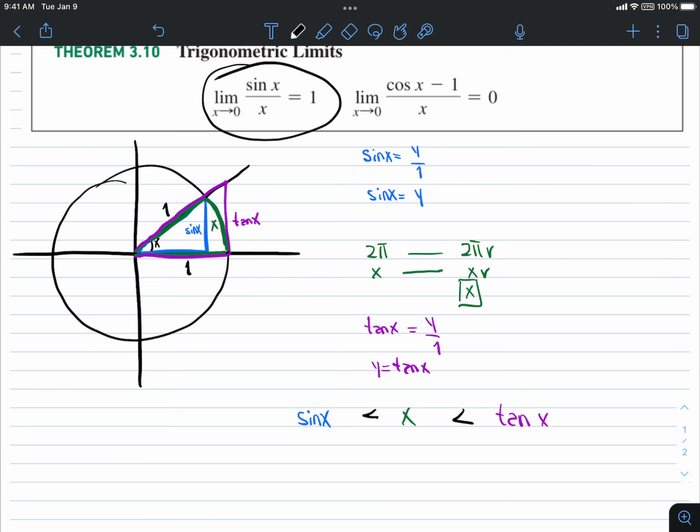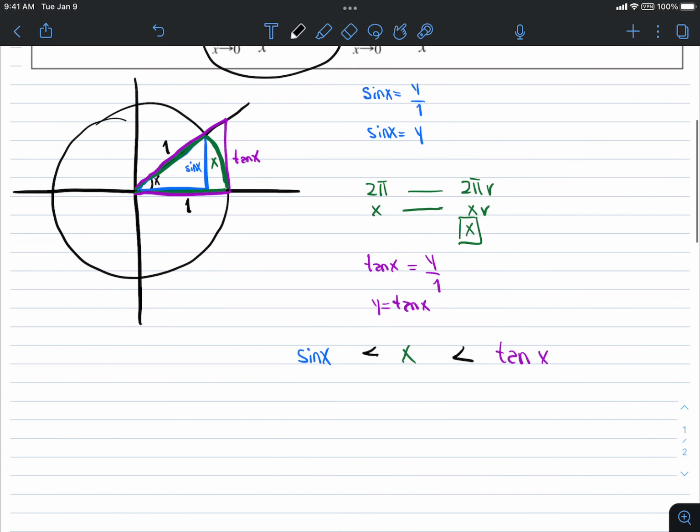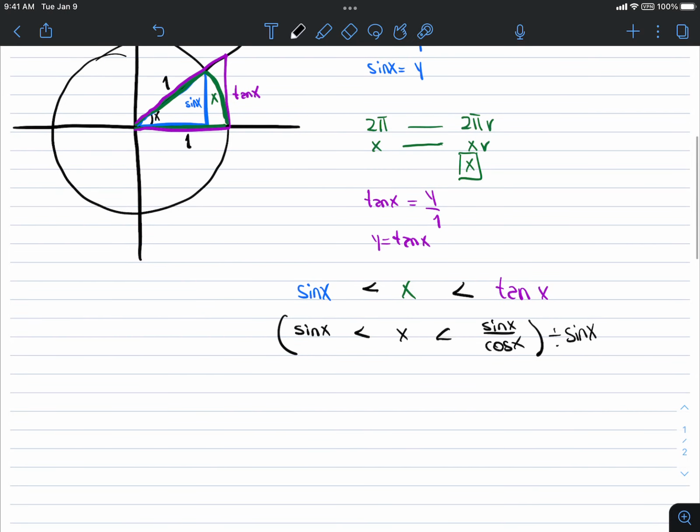Let me expand that now. So the sine of x is less than x, which is less than sine x over cosine x, we know that. If you divide all three sides by the sine of x, we get that 1 is less than x over the sine of x, which is less than 1 over cosine of x.